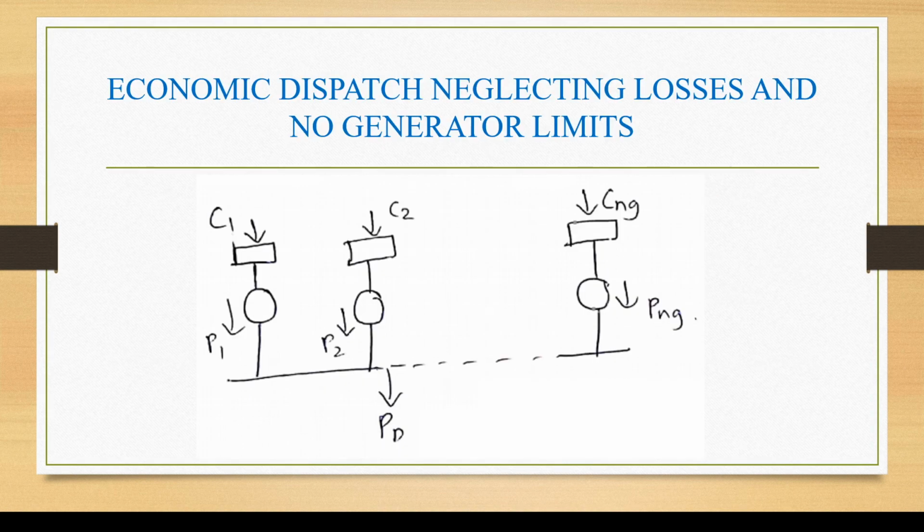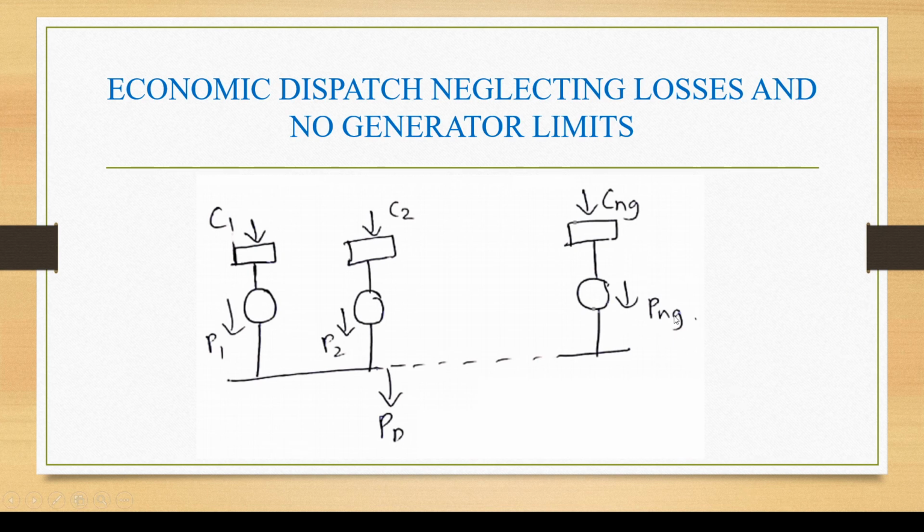Here, in this diagram, we can see that the model is assuming that the system has only one bus, with all the generation and loads connected to only one bus. P1, P2 are the power generated at stations 1, 2, 3 and so on till PNG, the last station.